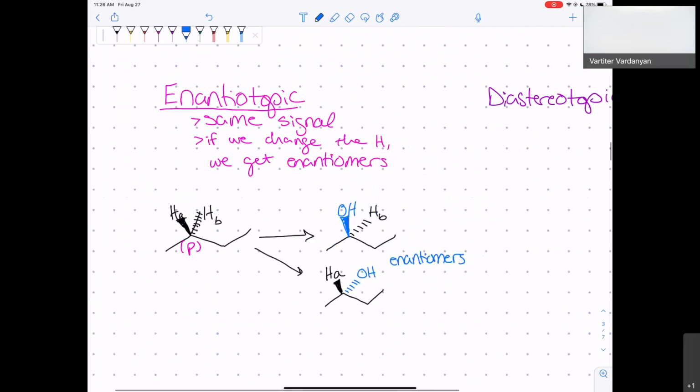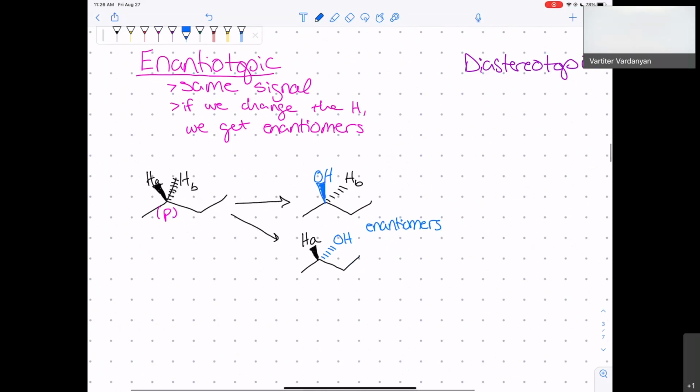And in case anyone doesn't remember, enantiomers is basically just when you have one R and one S. So you have a difference in the chiral center. That's an oversimplification, but for this class, that's fine. So any questions about what I did here? All right. So the relationship between HA and HB is enantiotopic.